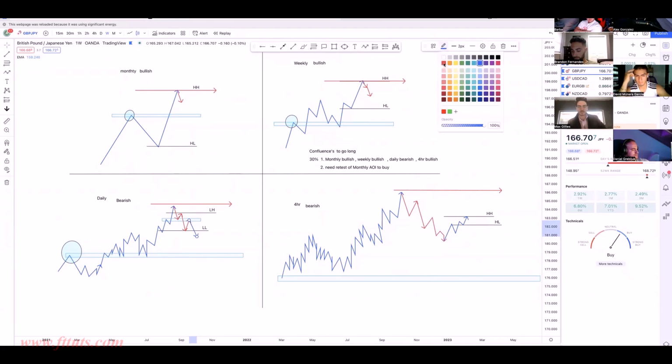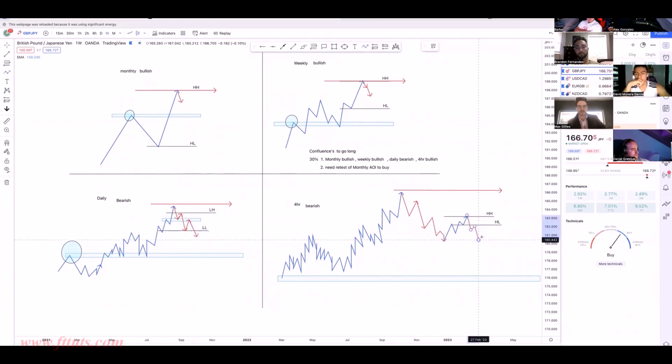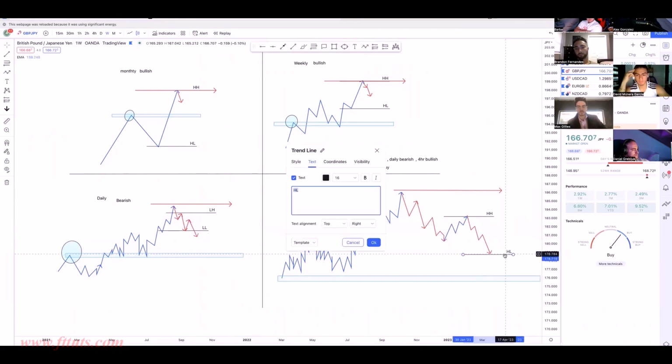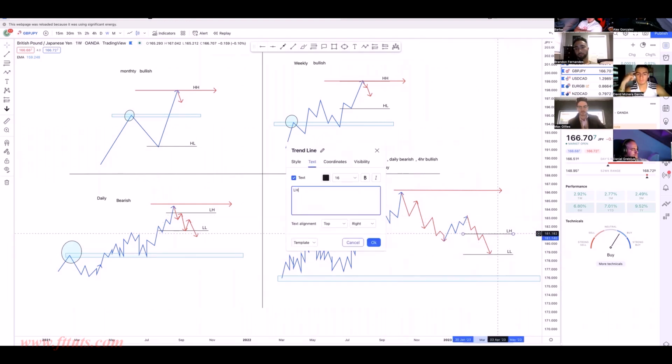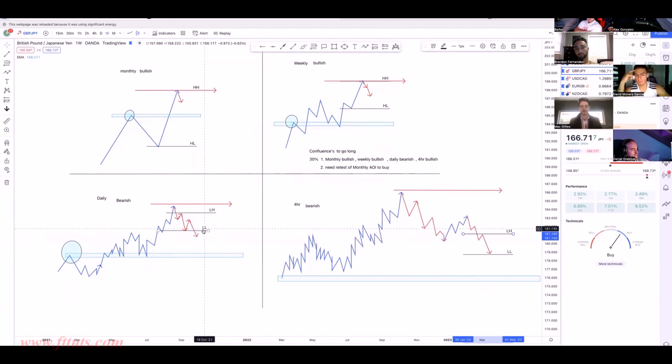So this is where the 4-hour goes back to being bearish, creating a new lower low. So this is where we identify this lower low, and then this is the lower high. This is the lower high, lower low, lower high, right?